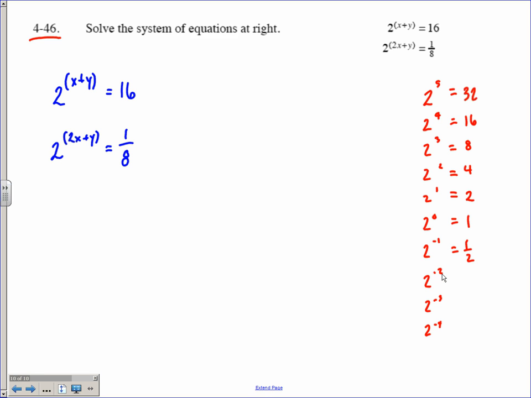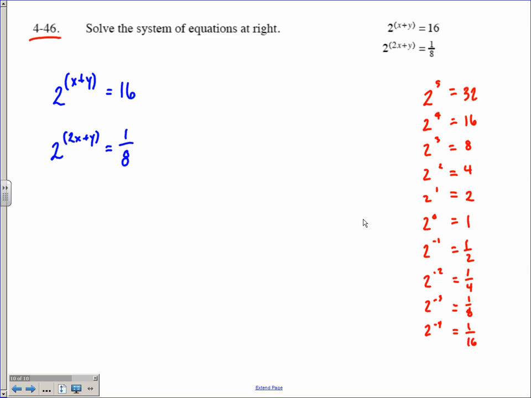If you decrease your power again, 2 to the negative second power, we take 1/2 and take half of it. Half of a half is a fourth. Half of a fourth is an eighth. And half of an eighth is a 16th, because we're just dividing by 2, or multiplying by 2 as we go up.